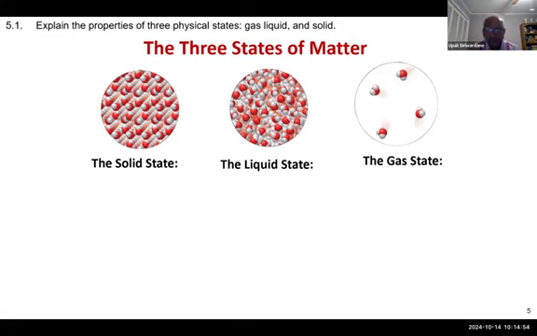Water molecules are close to each other in both states. Therefore, solid state and liquid state is called condensed states of matter. Condensed, that means they are close to each other. But there are differences between solids and liquids.